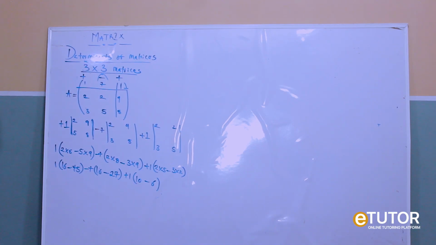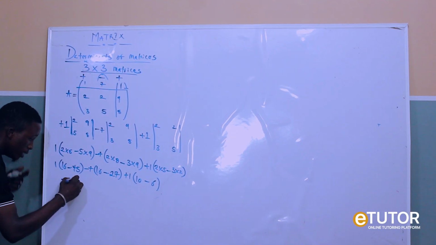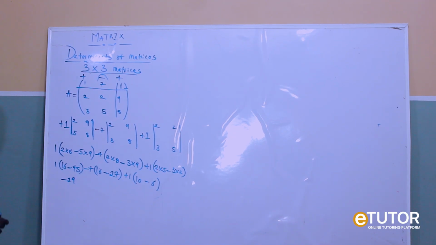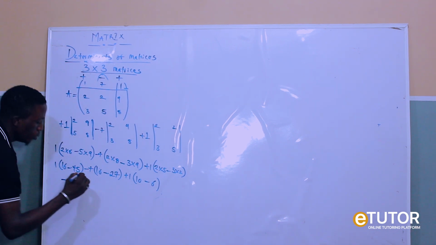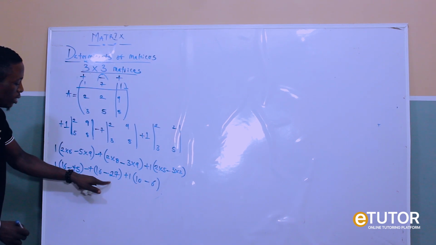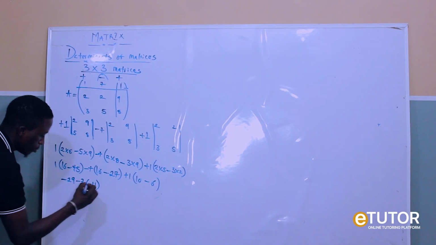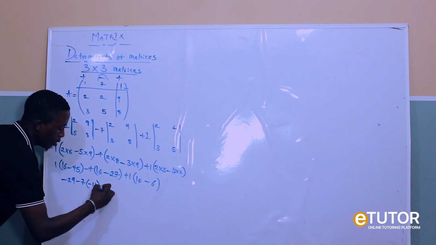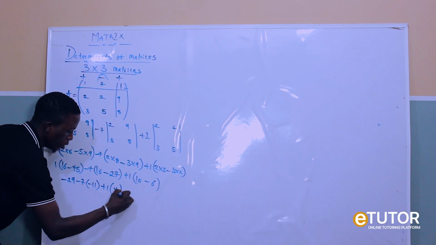So let us simplify again. So now 16 minus 45 gives negative 29. Now negative 7 into 16 minus 27 gives negative 11. Plus 1, open brackets, 10 minus 6 just gives a 4.